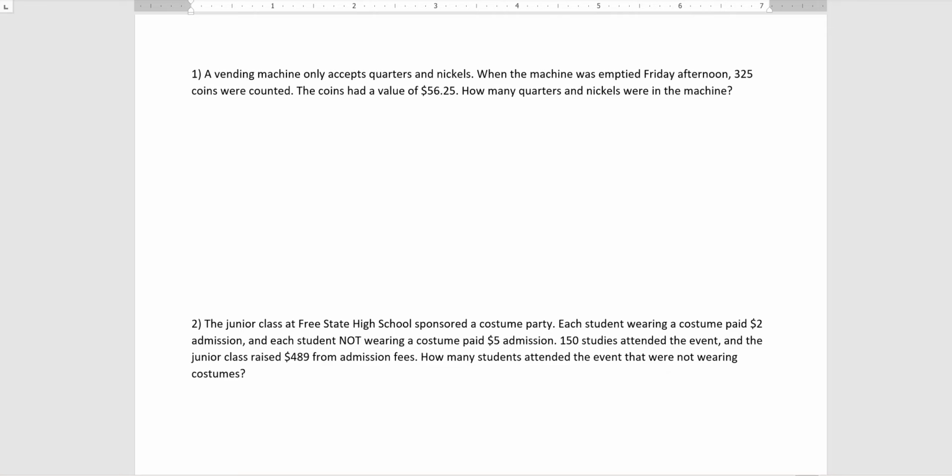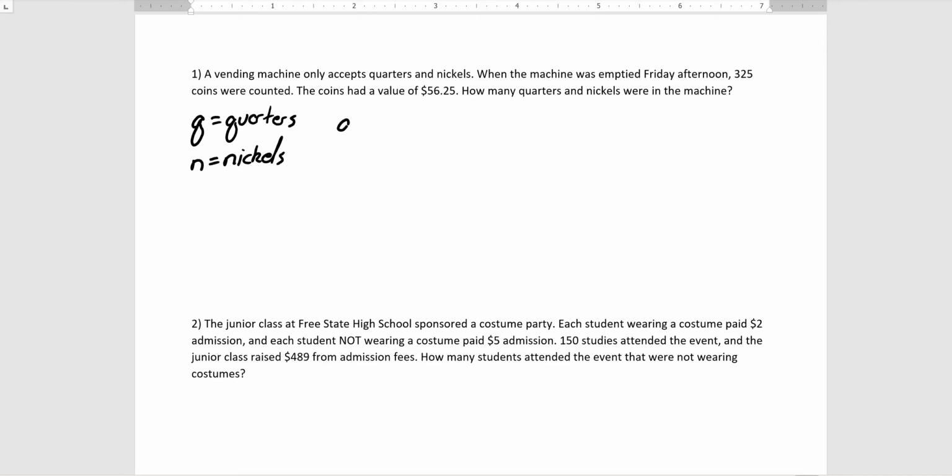Well, that's going to be what we solve for, so let's have those be our variables. Q for quarters and N for nickels. So now let's set up a system of equations here. There were 325 coins counted.